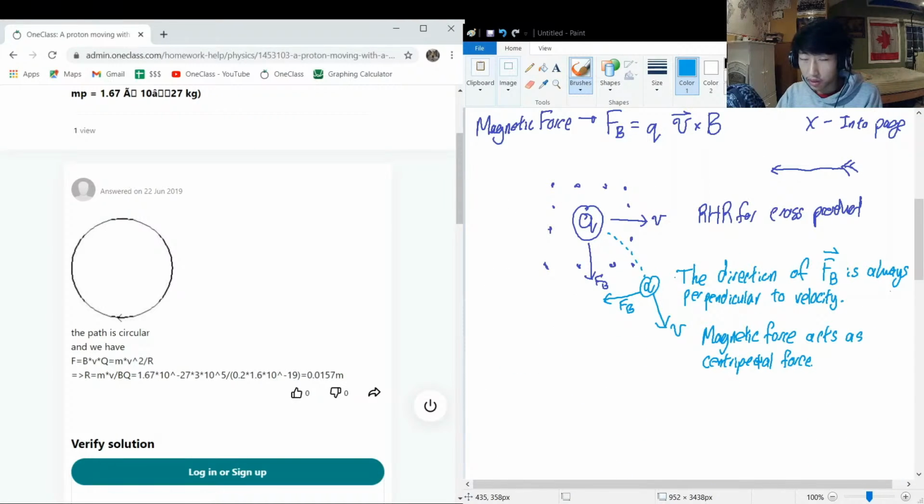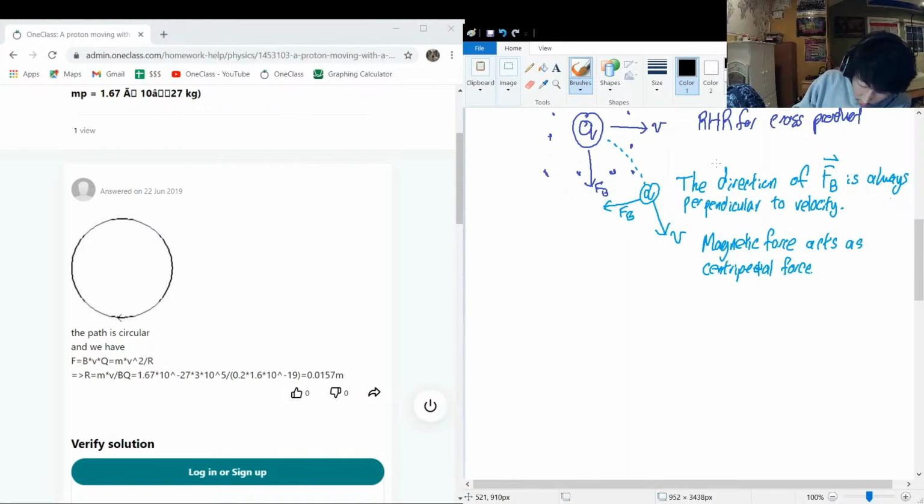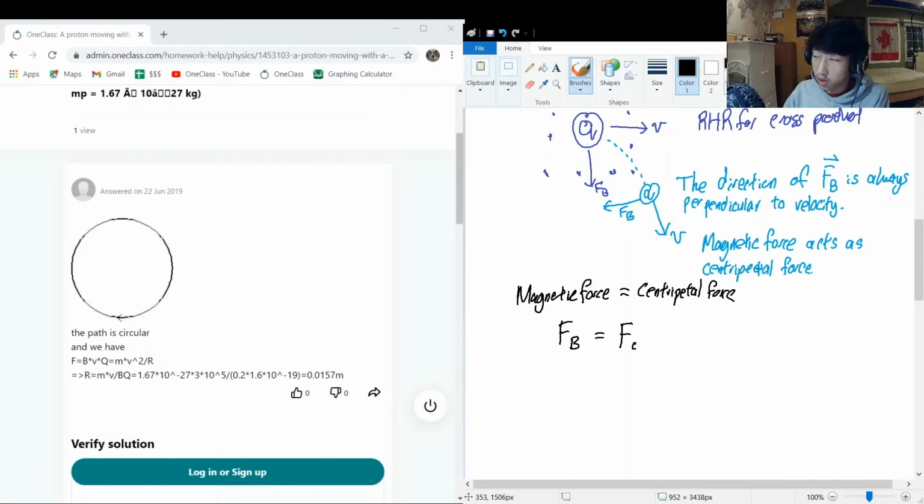Okay, so we want to say this. We can write an equation for that. So magnetic force is equal to a centripetal force. We can represent that with variables like FB for magnetic and F centripetal, or FC, for the centripetal force.